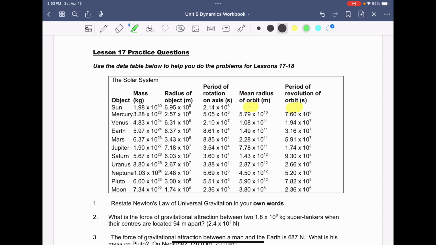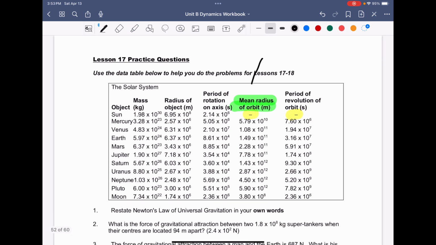The other note I want to make is about mean radius of orbit. Because these orbits are ellipses, the key word mean here means the average radius. It's very important we put in the average radius. I could even draw this up on the top if we really needed to.